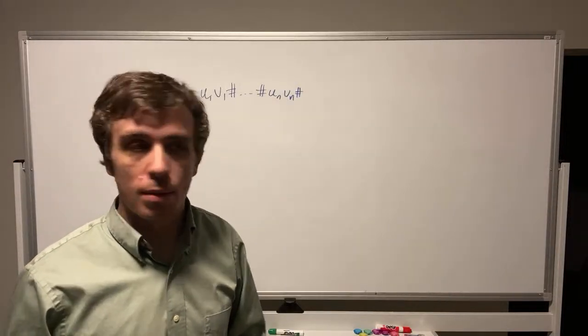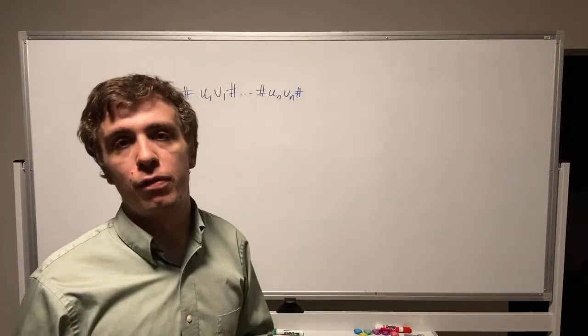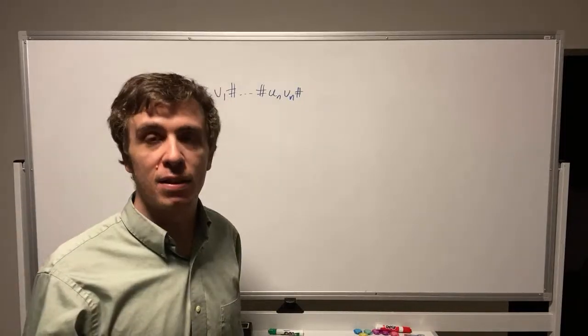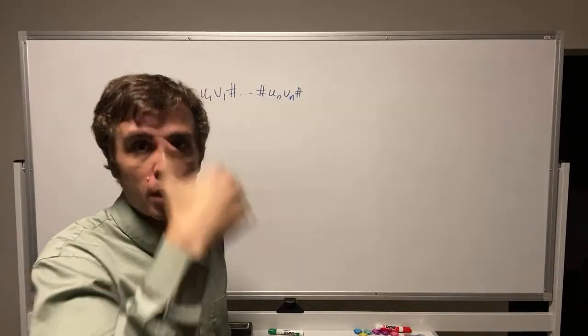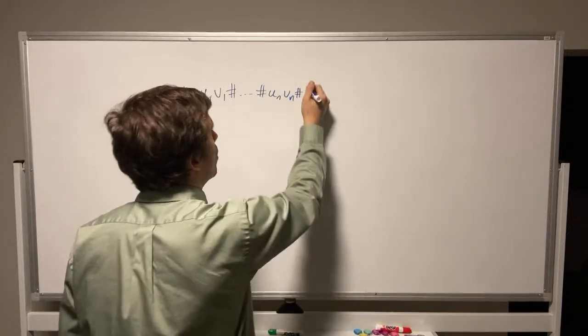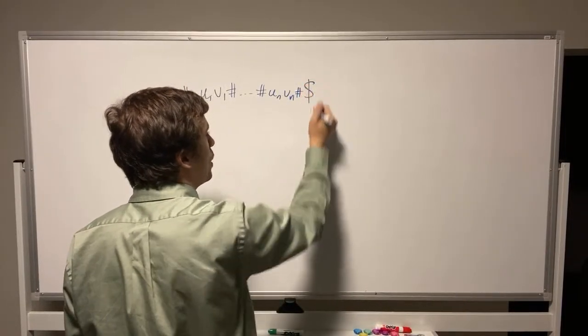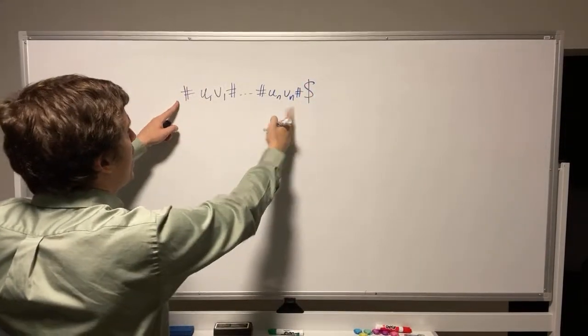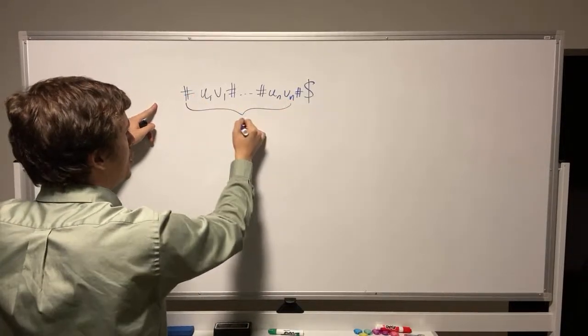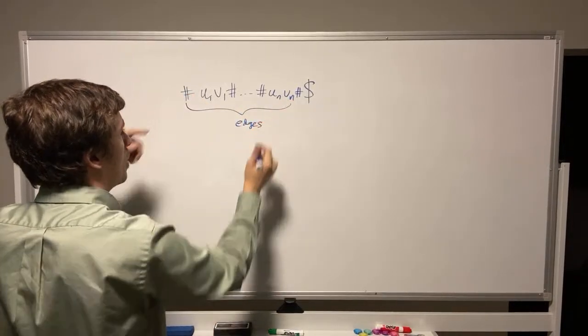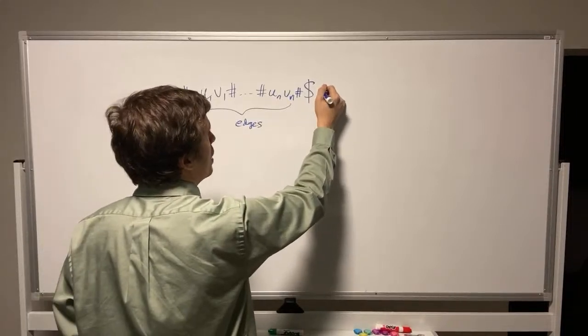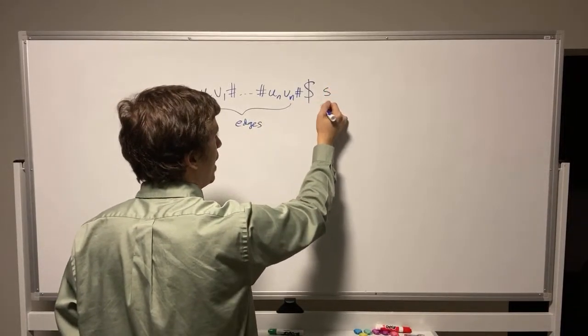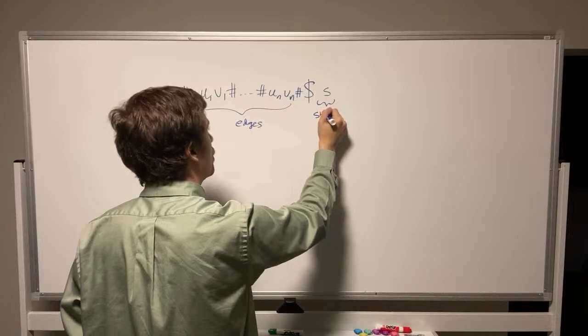So additionally, I need to provide the starting vertex and the end vertex. I'm going to have a special symbol to say the edges are over, so the edges are right here. And then I'm going to have the start vertex. I'm going to call it S. So here's the start vertex.